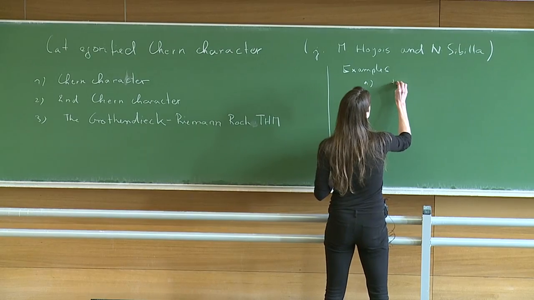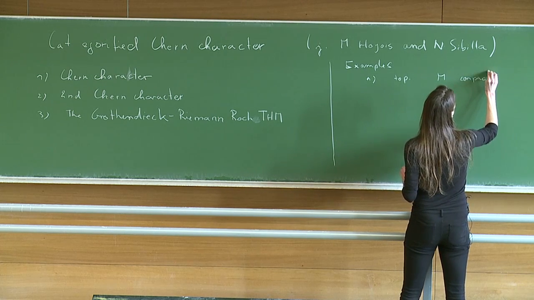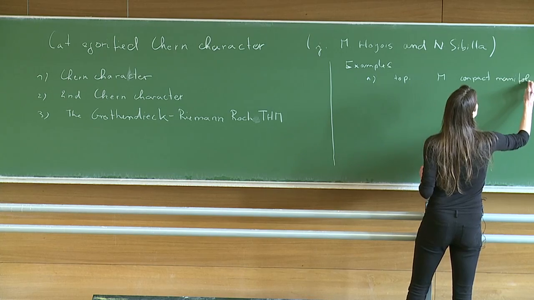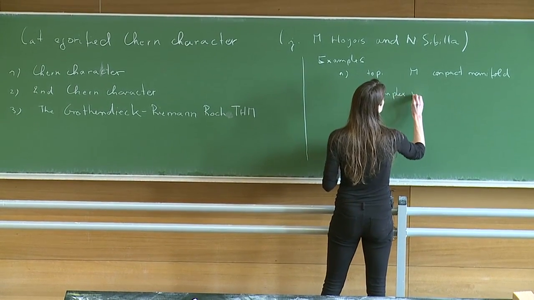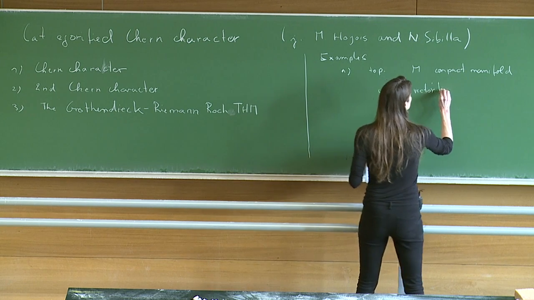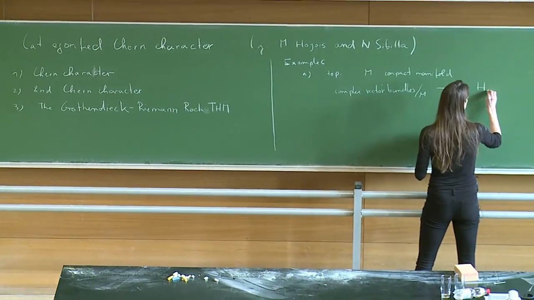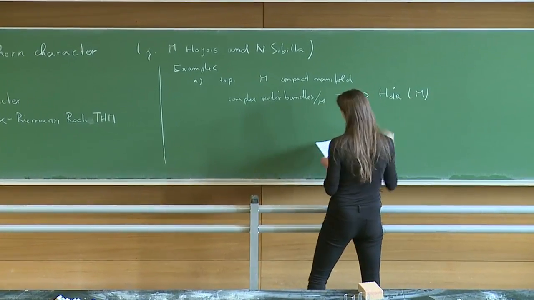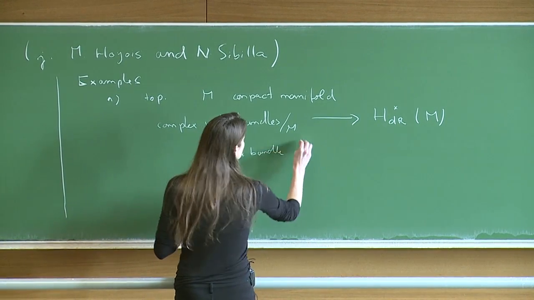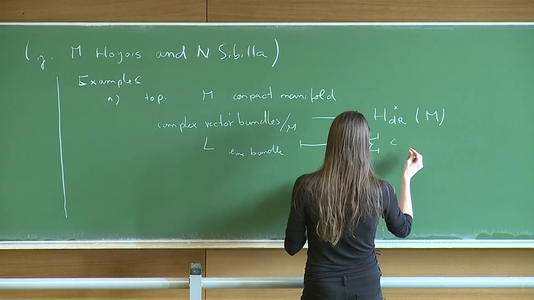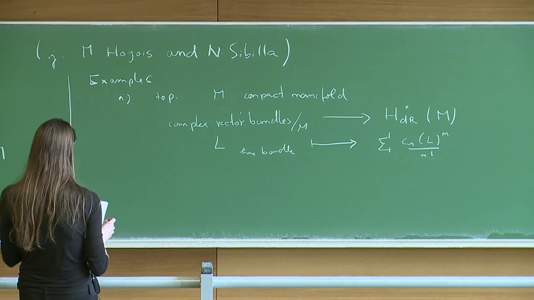So in algebraic topology, if I take M to be a compact manifold, then one instance of the Chern character is a map which sends complex vector bundles on M to the de Rham homology of the space M. And for instance, it sends a line bundle to some of its first Chern class. So this is an example from algebraic topology.